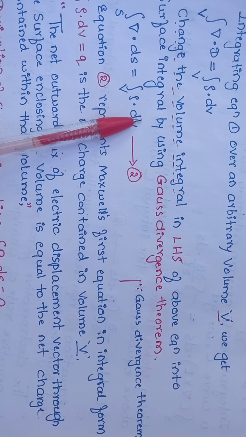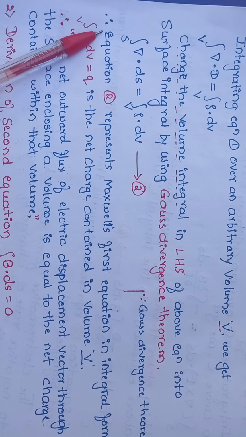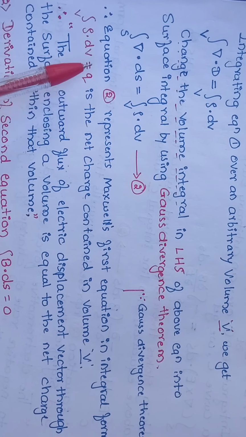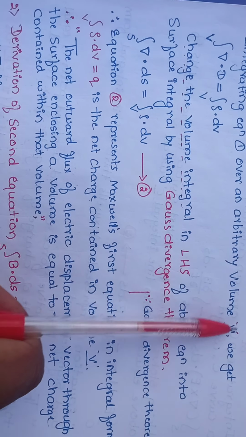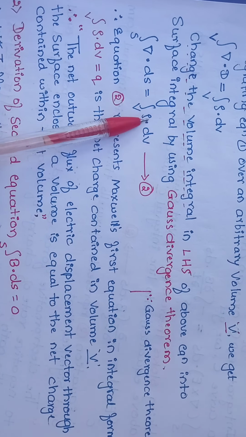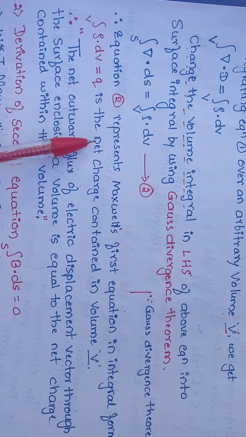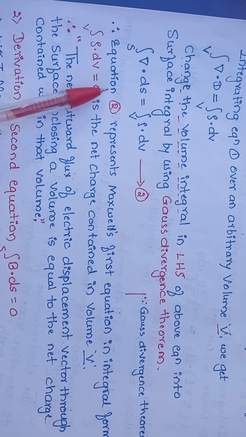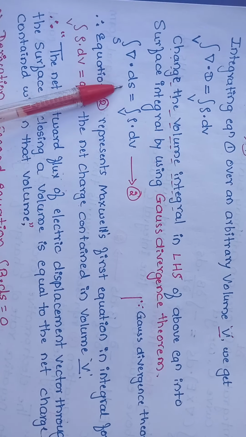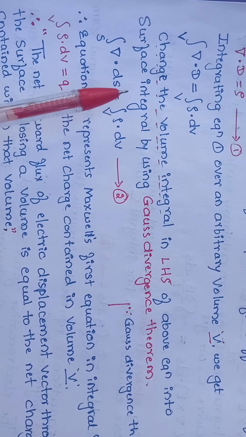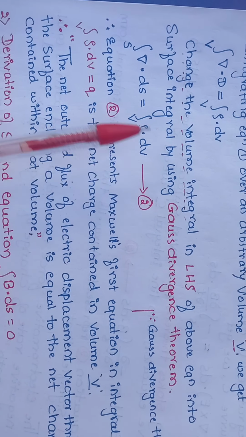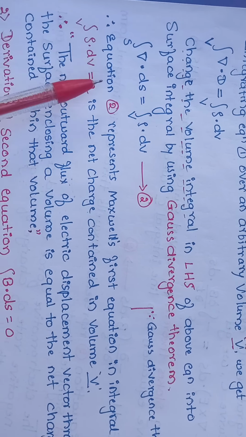Now take this term: the volume integral of rho dV is equal to Q, the net charge contained in that volume v. So equation 2 is Maxwell's first equation in integral form. How do we signify it?